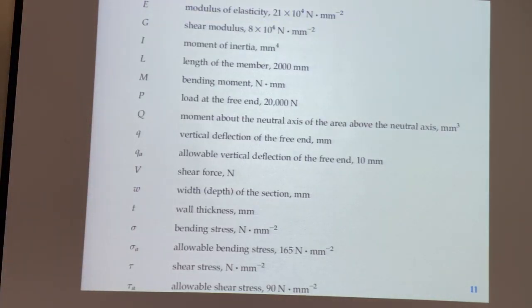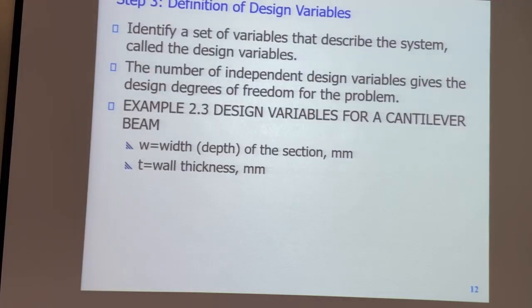Okay, all these parameters. Then step 3, design variables. Could you read the first one? Identify a set of variables that describe the system, the design variables. Yes, in this problem, W and T are the design variables.